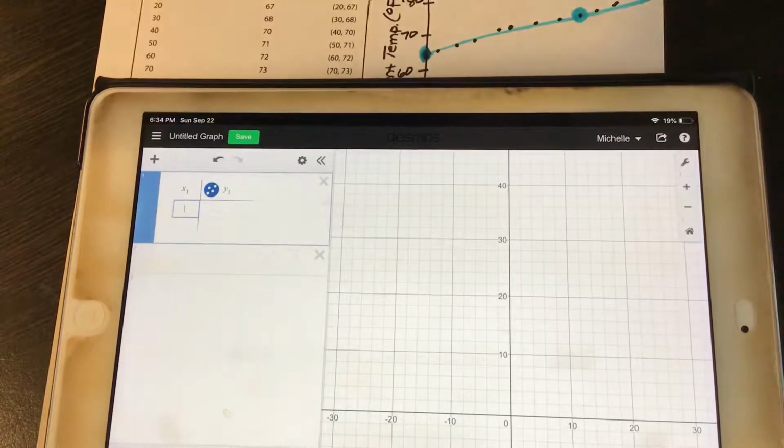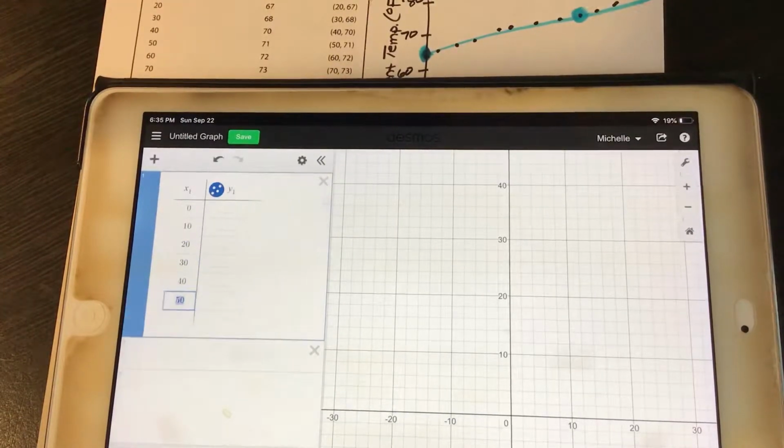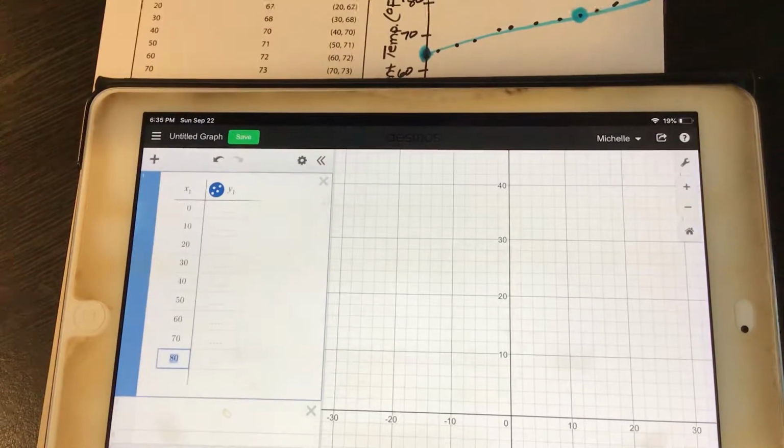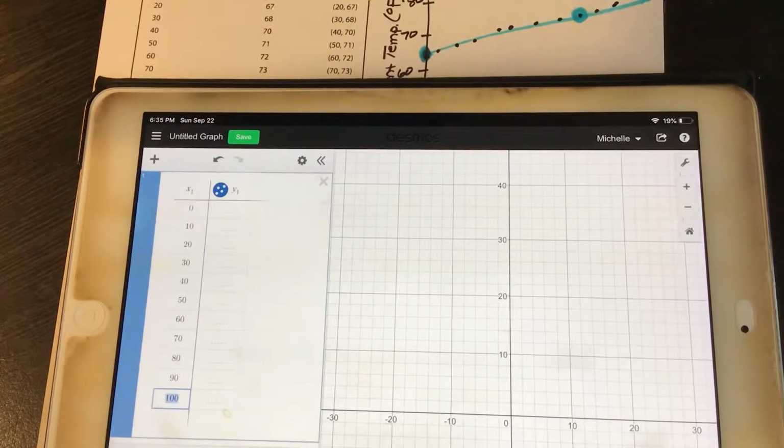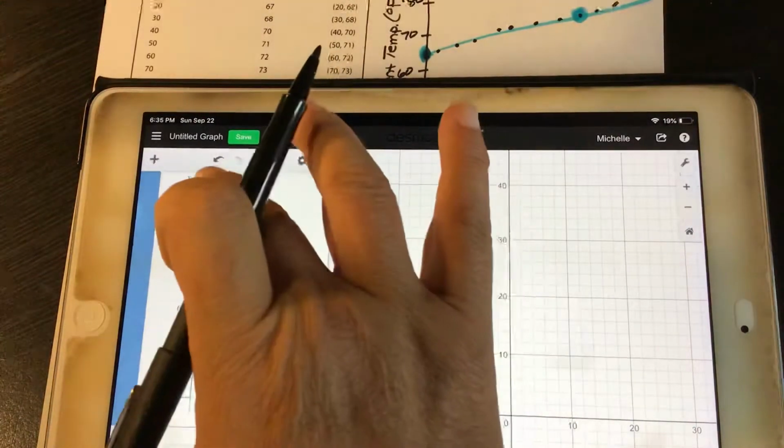And in here, I am going to type in all of my x values. I'm going to type in 0 and hit enter, and then 10 and hit enter. And you notice Desmos thinks I'm counting by tens, which I am, and it's suggesting what numbers I want to put in here. I don't need 110, so I'm just going to backspace.